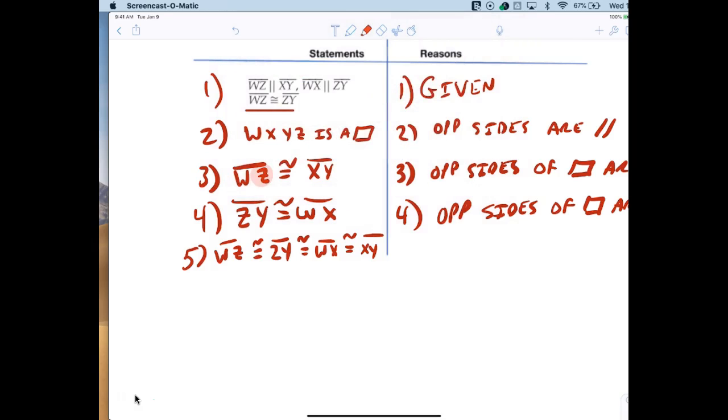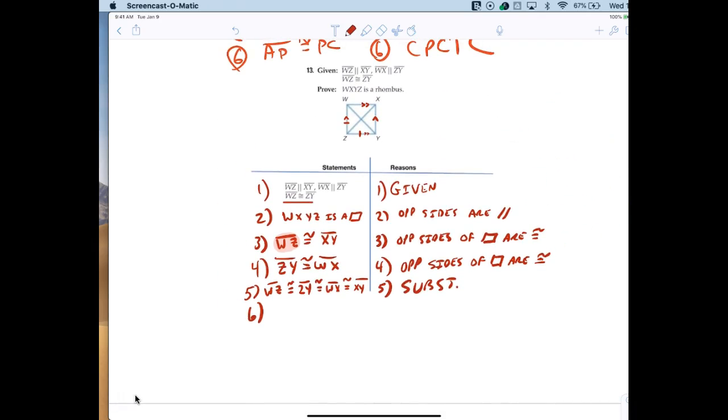So I'm trying to show you this is all just one giant what? Substitution. Everybody okay with this? So now we proved all the sides are congruent. Substitution. So now we can just say that what? Yep. I would say that's true.